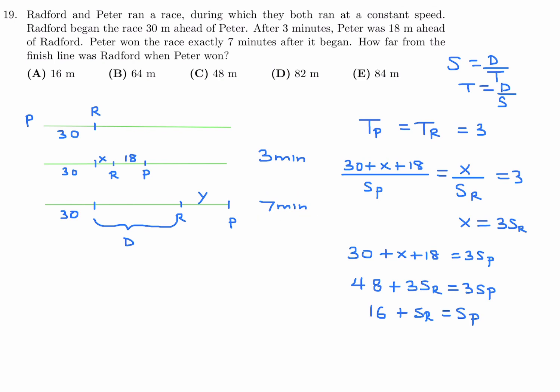So at 7 minutes, again, the TP will equal the TR, and that equals 7. TP in this case, distance over speed, so that's going to be 30 plus D plus Y, over the speed of P. TR is the distance, which is just D, over the speed of R, and that is equal to 7.